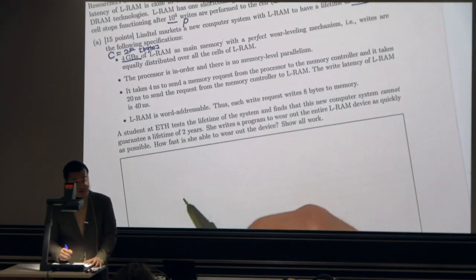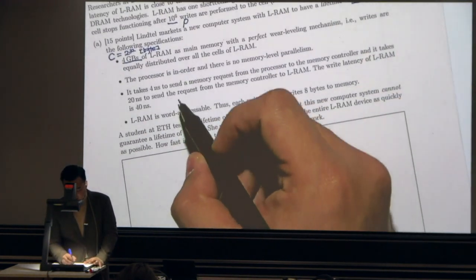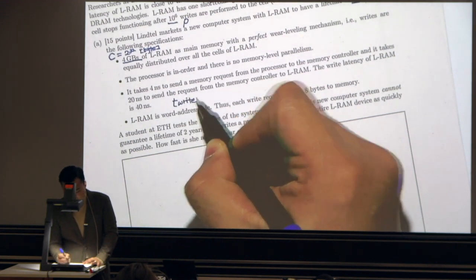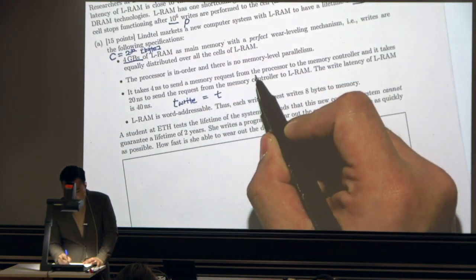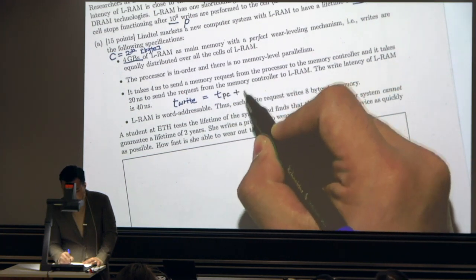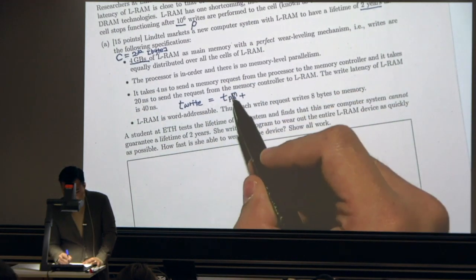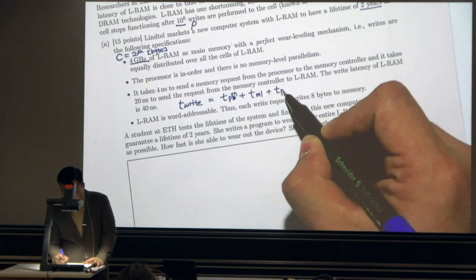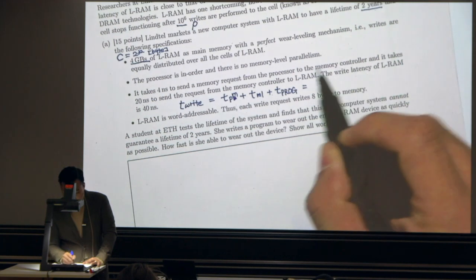So to write data to an LM cell, the total time, let me put this as T write, is the transfer time from the processor to memory controller, let's put this PC, PM, another transfer from memory controller to LM, and the program latency of LM, and it's 64, right?